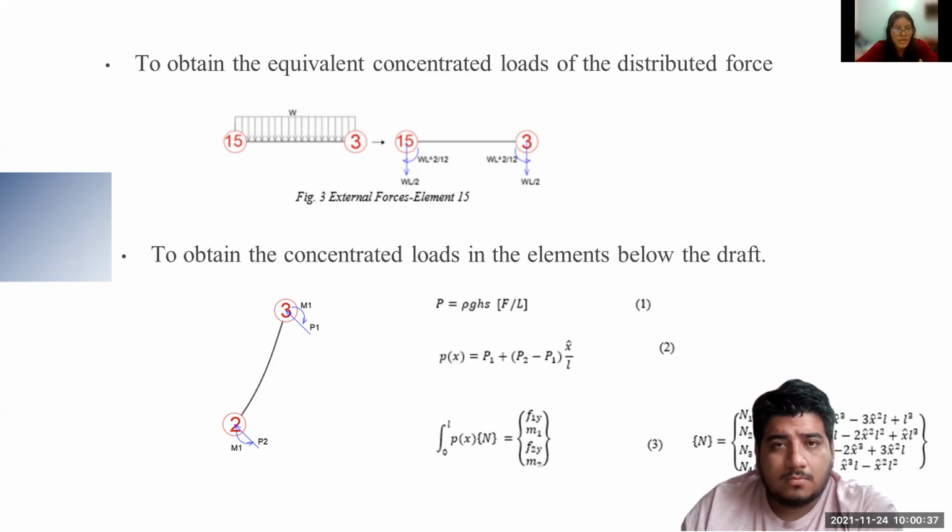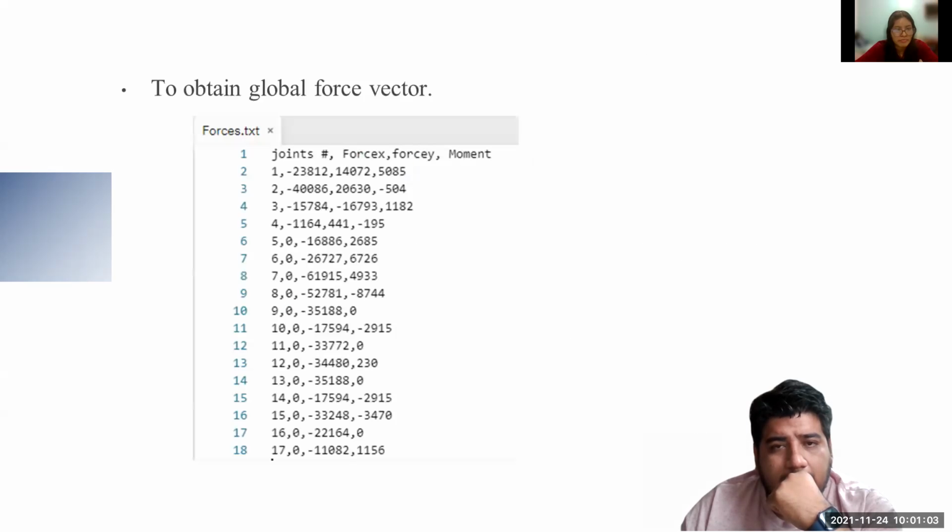We use equation 1 to obtain pressure 1 and pressure 2, and then to find the function that describes how the hydrostatic pressure varies in the element, we use equation 2. And to find the external force acting on each joint, we use the integral of equation 3. Okay, next slide.